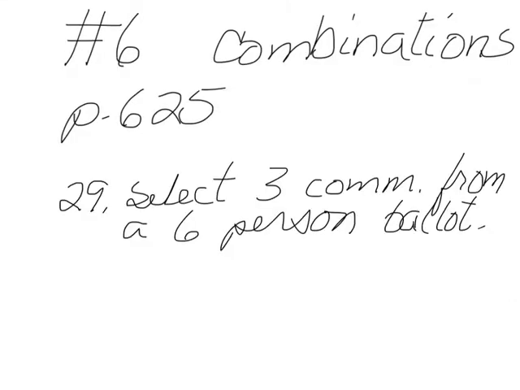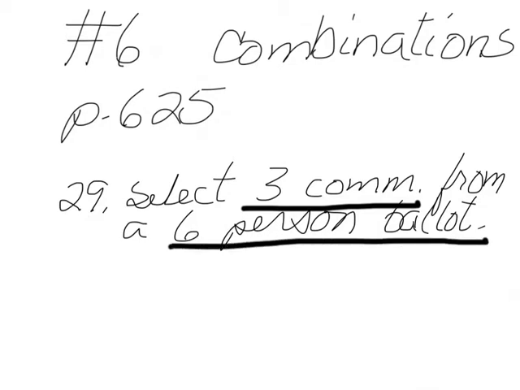So the first problem I would like to look at is number 29. Number 29 says an election ballot asks voters to select 3 commissioners from a ballot of 6 candidates. How many ways can you do this?